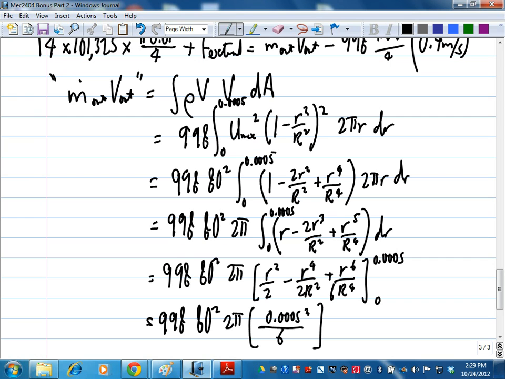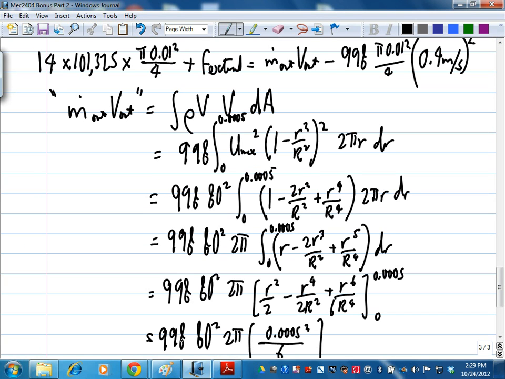So this one, half minus half, 4. So 6. R to the 6 divided by big R to the 4. Both small r and big R are the same value. Okay? So finally, you put this number that we found into here, and then we can find what the F external is.